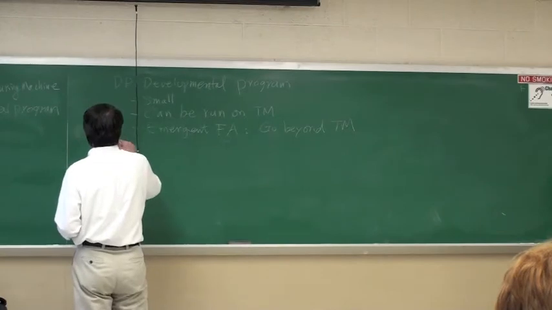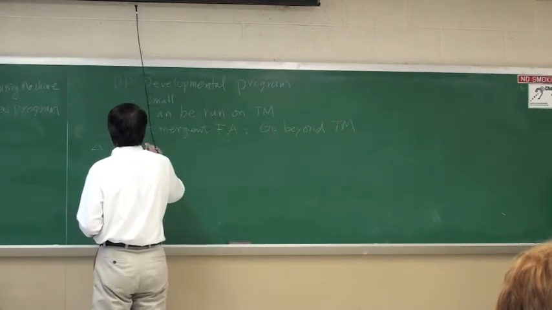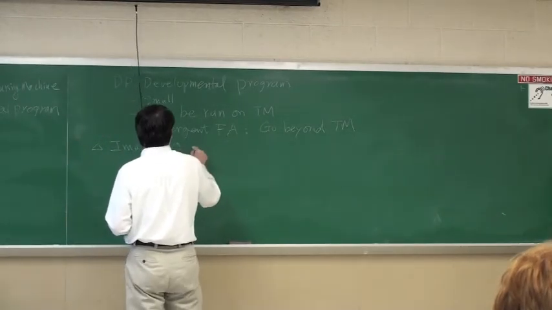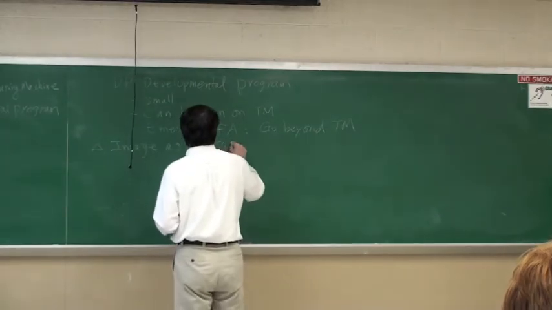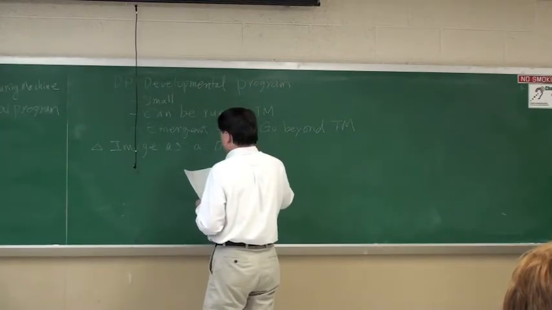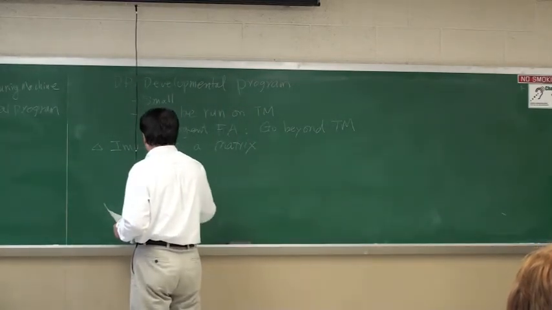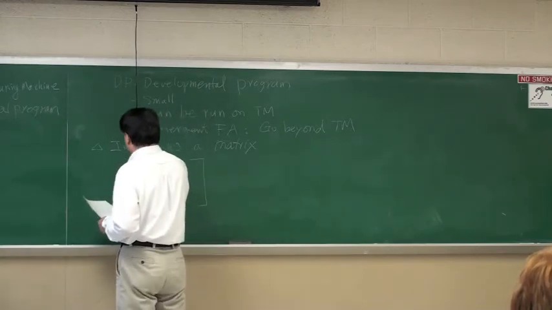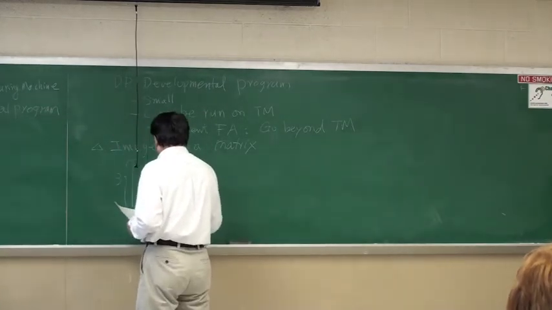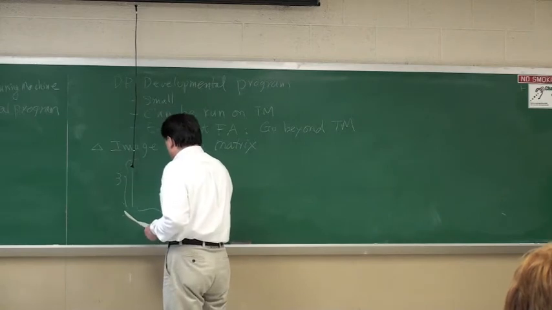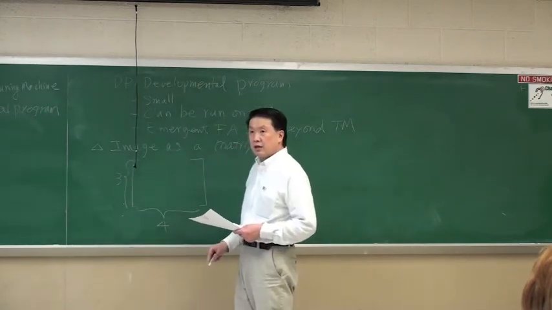So let's look at the image first. An image is a matrix. We learned matrix, right? So the matrix, for example, has 3 rows, 4 columns. That's only 12 pixels.